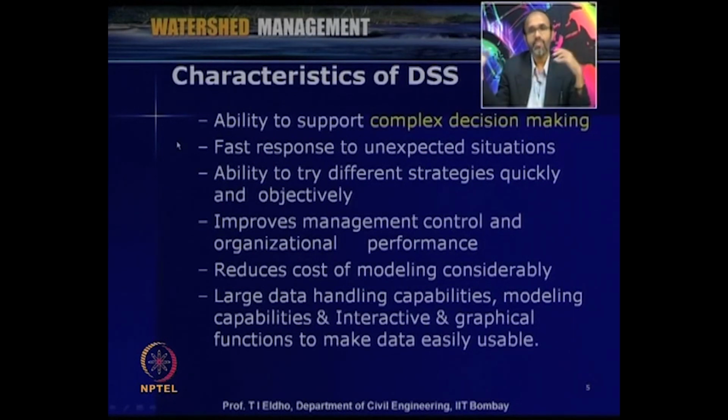With a number of models and systems, the total system should help the manager to reduce the cost as far as a particular selection or implementation is concerned. And then large data handling capabilities should be there for the DSS, especially when we are dealing with water resource management or watershed management.